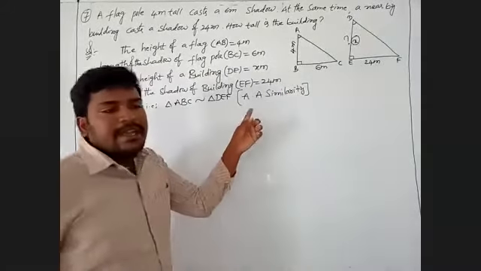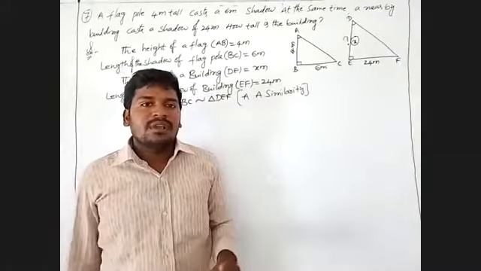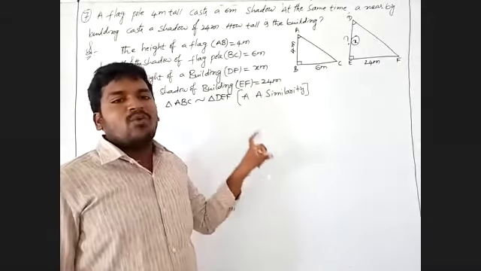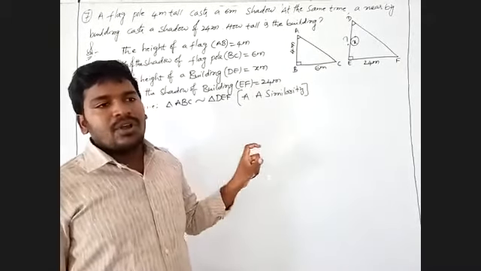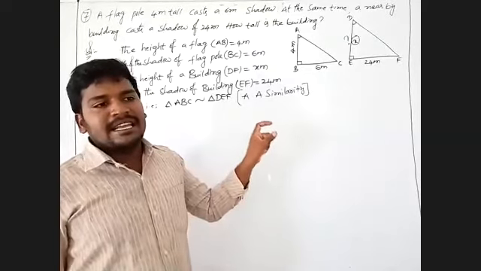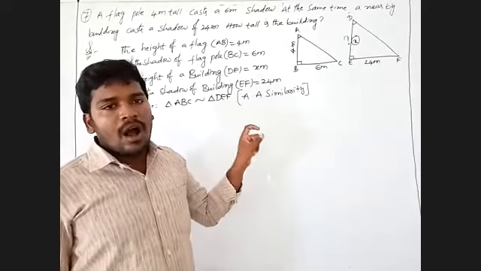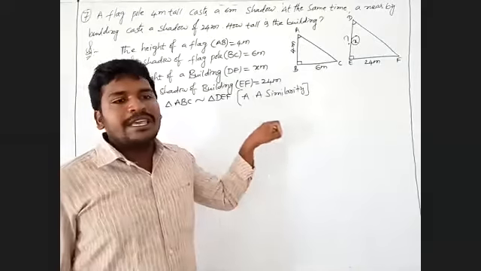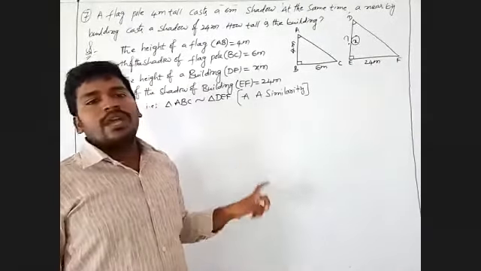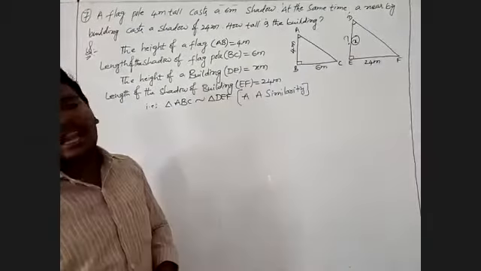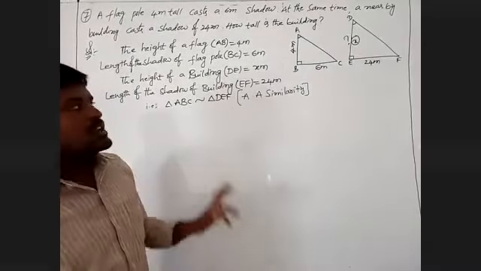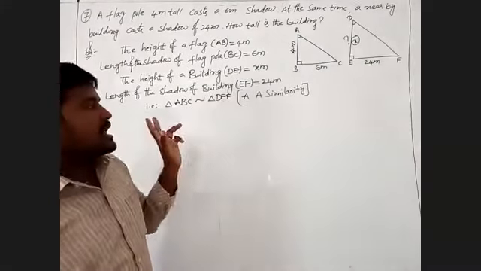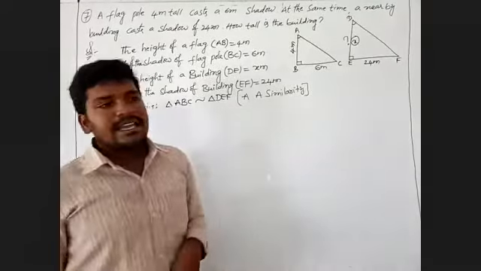What is meant by AA similarity? If two angles in one triangle are respectively equal to two angles in another triangle, then the two triangles are similar. That is the statement of AA similarity.